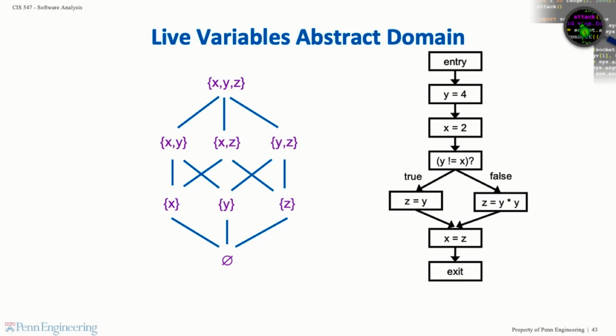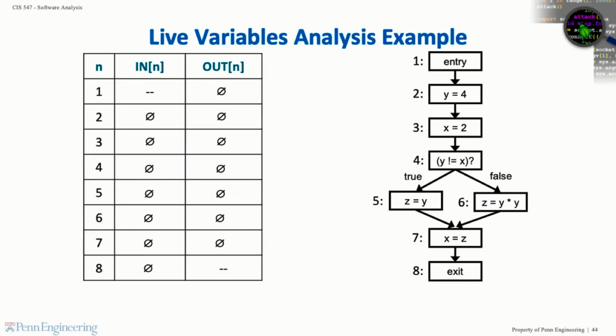At the start of the chaotic iteration algorithm, the in and out sets of each node in the control flow graph start out with the bottom abstract value, the empty set of variables. In each iteration, these sets grow progressively along the edges in this structure. The most that any in or out set can grow is the top abstract value, the set of all variables in the program. Let's work through this program and complete the live variables analysis for it.